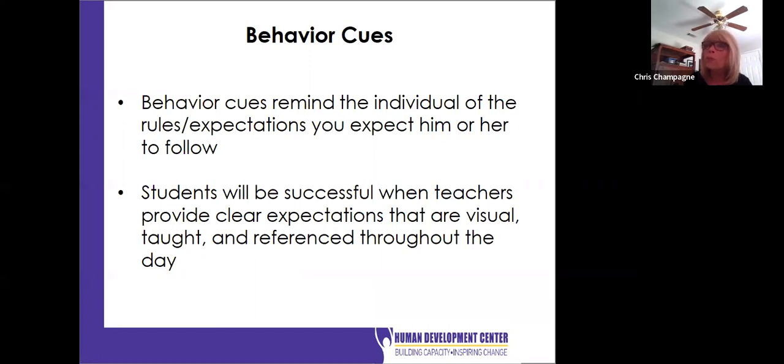And what we talk about a lot is to review those before the actual activity happens, right? So you're referencing, now remember, we're going to walk now to lunch in the cafeteria. Remember what the rules are for when we walk in the hall, right? So you're reminding them ahead of time, you're referencing the visual, and you're setting them up for success.